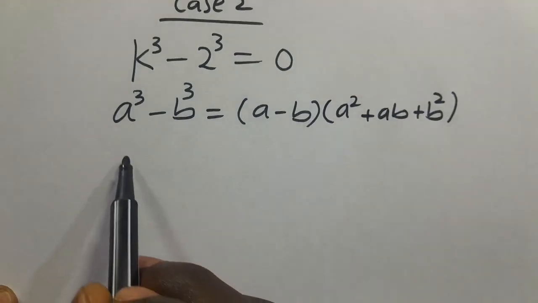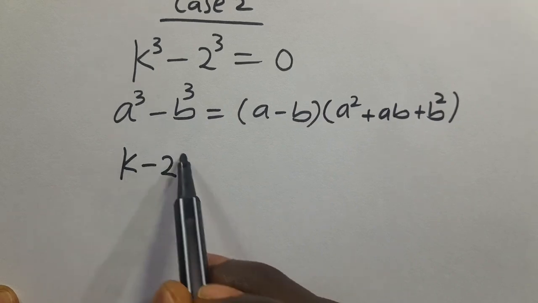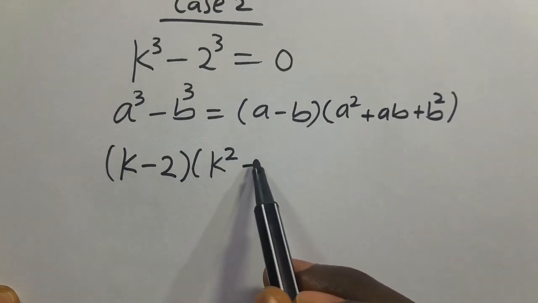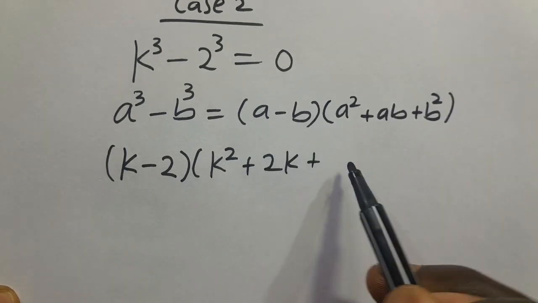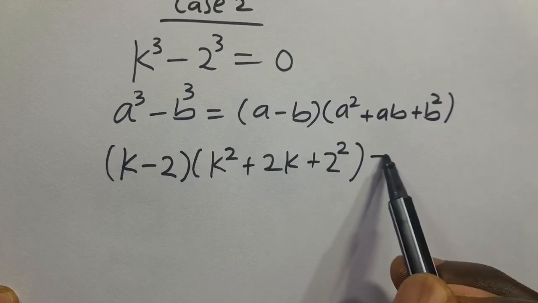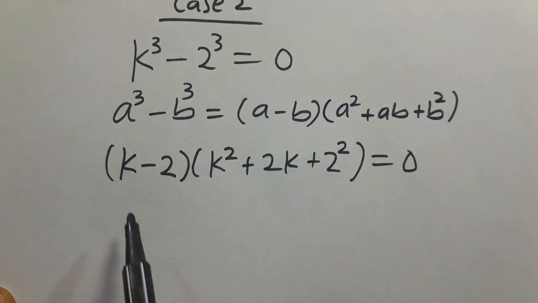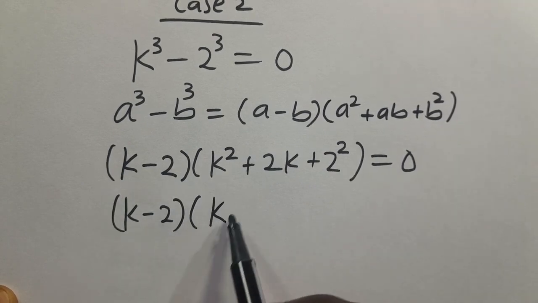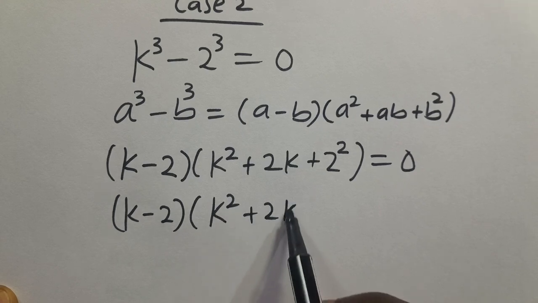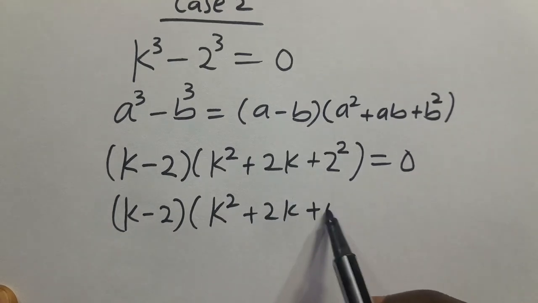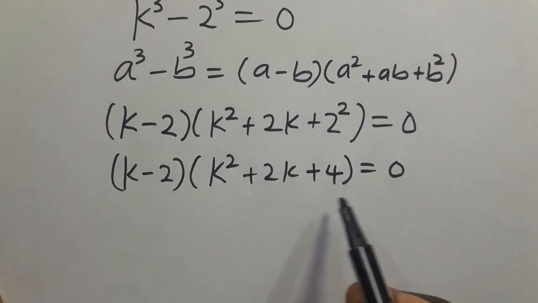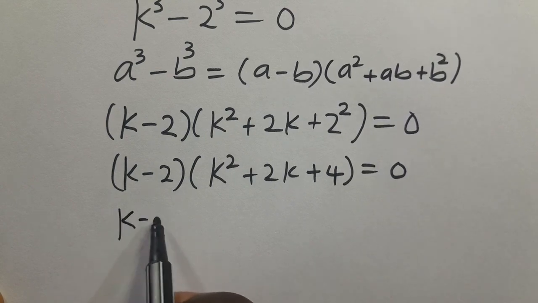Applying it here, we have k minus 2 in parentheses, then multiply by k square plus 2k plus 2 square in parentheses equals 0. So here will be k minus 2 multiplied by k square plus 2k plus 4 equals 0.